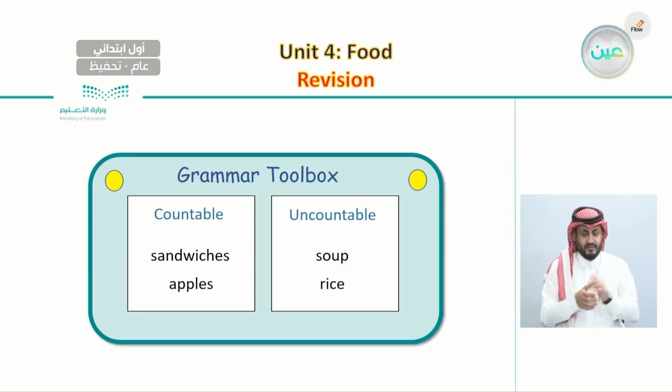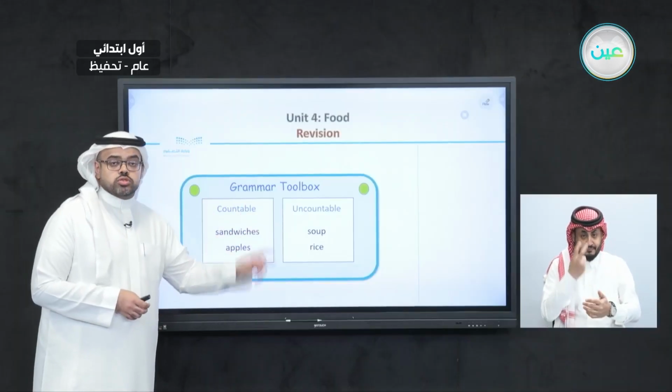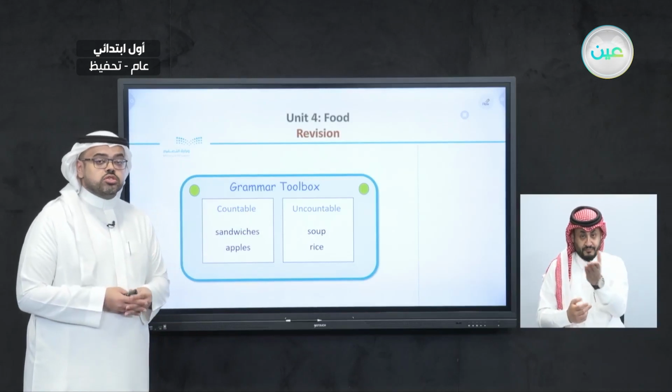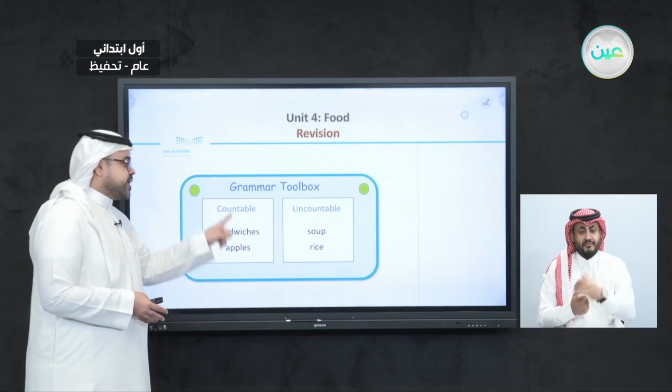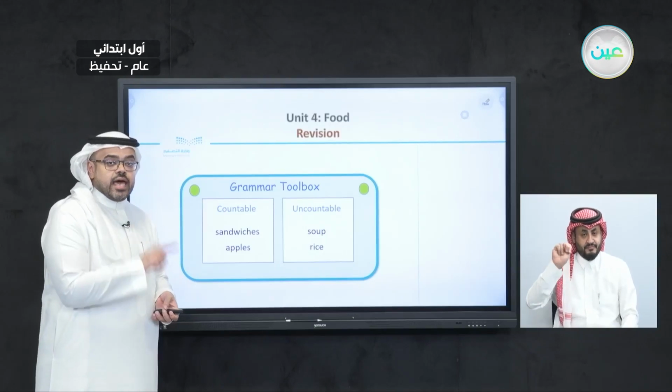Before we start knowing our objectives for today's lesson, let's make a quick revision on our last lesson. In our last lesson, we got to know two important words: the countable and the uncountable nouns. We said that there are some words that are countable, which means we can count.